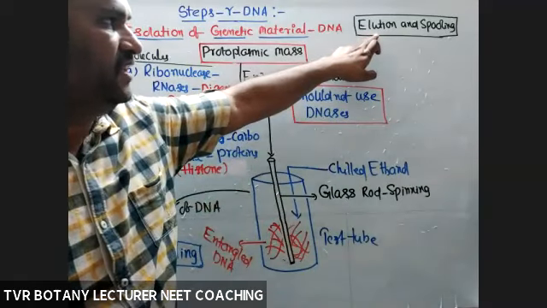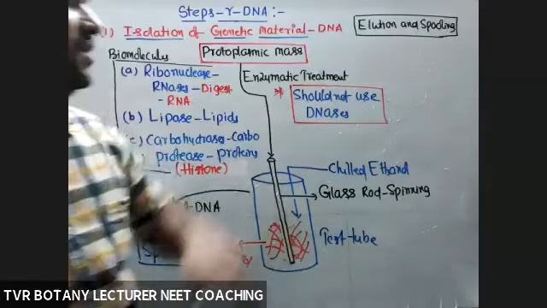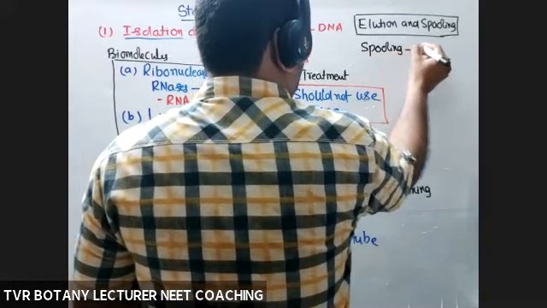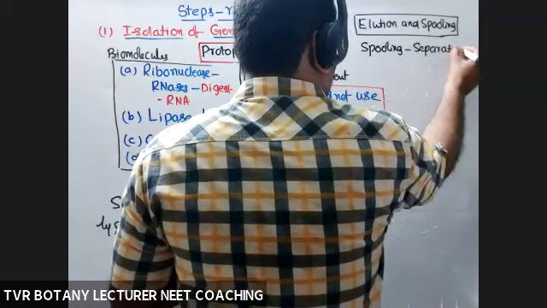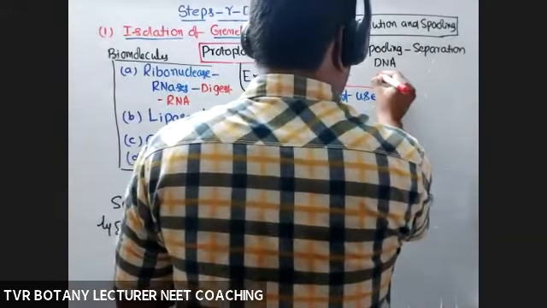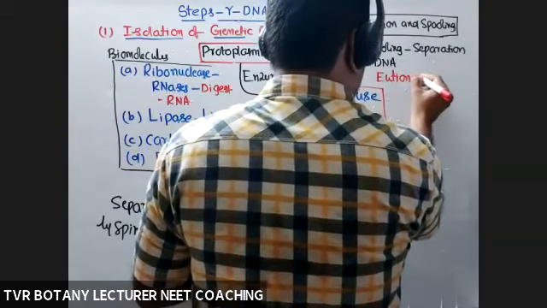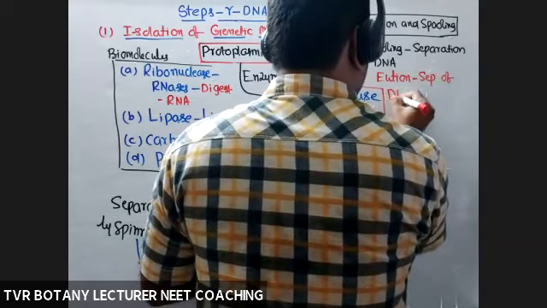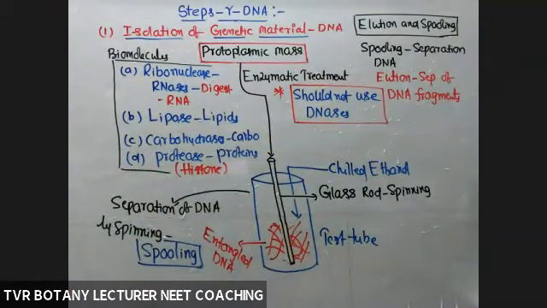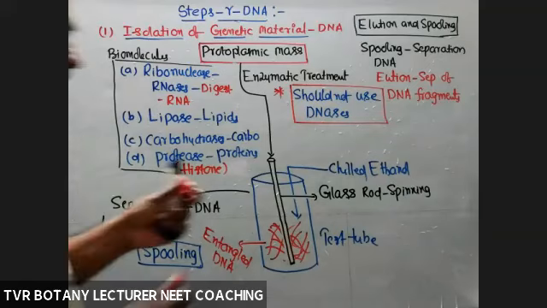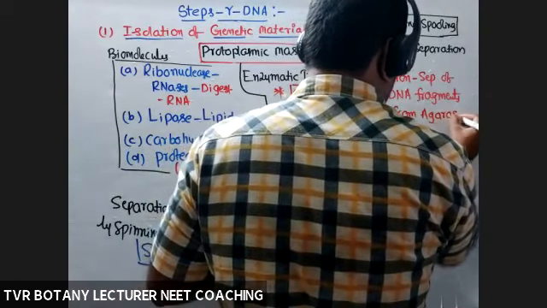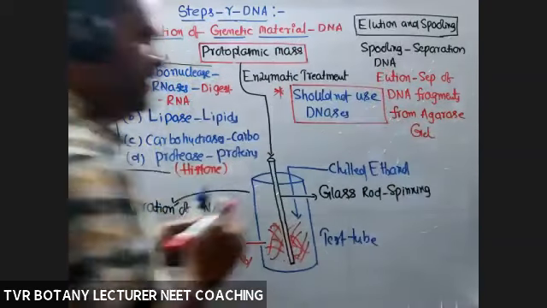Elution is concerned with the separation of DNA fragments from agarose gel blocks, from gel electrophoresis. That is the difference, right?